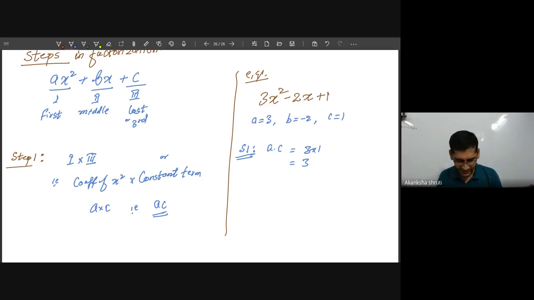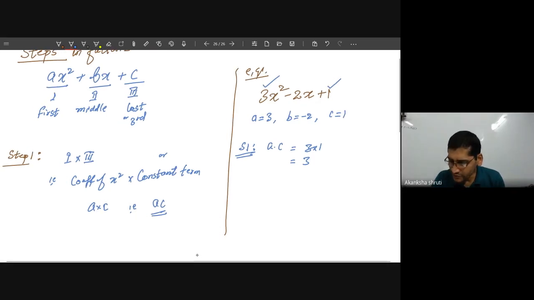We will take even others. So the first step that you have to do is first multiply the coefficient of x square with the constant term. You are getting a new number. Here the constant term was 1, so we are getting 3 only. If it is something else, say 4, then we will get something else.